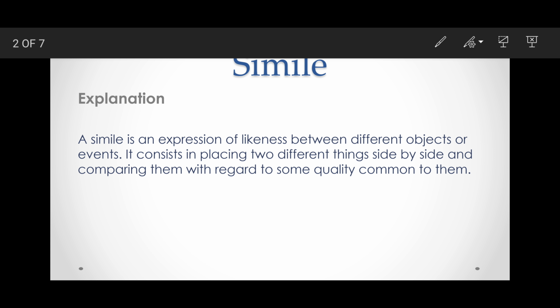And secondly, the point of resemblance between these two different objects must be clearly brought out. And the words of comparison, like, as, are always used. A simile is different from a simple comparison because in simile there are two objects which are unrelated things.